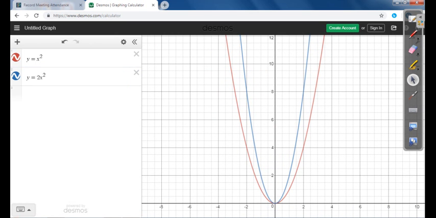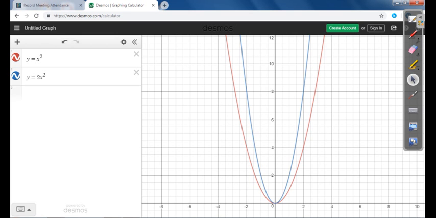Can you guys compare the two for me? More narrow. Which one is more narrow? The blue one. How about the vertex? Same. How about the axis of symmetry? Same. How about the optimal value? Same, right? So the only thing that changed is that it became narrower.